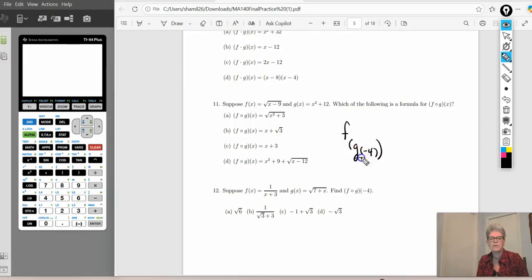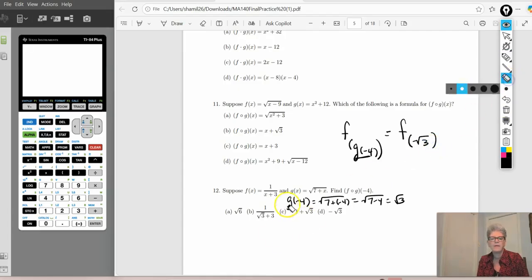So I need to find out what g evaluated at -4 is first. So wherever there's an x, you replace it with -4. So that's going to be 7 minus 4 inside that square root, so the square root of 3. So this is now f evaluated at, well, g of -4 is the square root of 3.